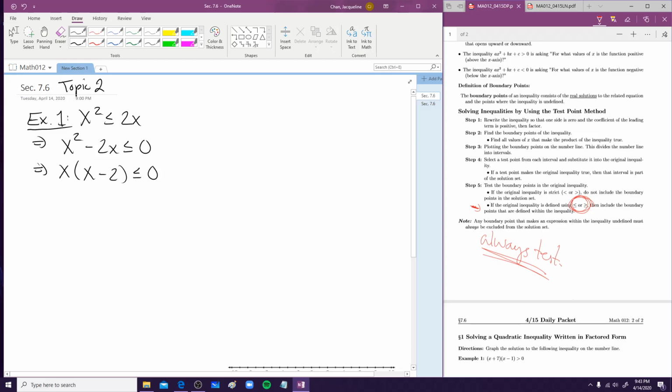When I talked about doing the zero product property and letting it equal 0, those are just extra steps.